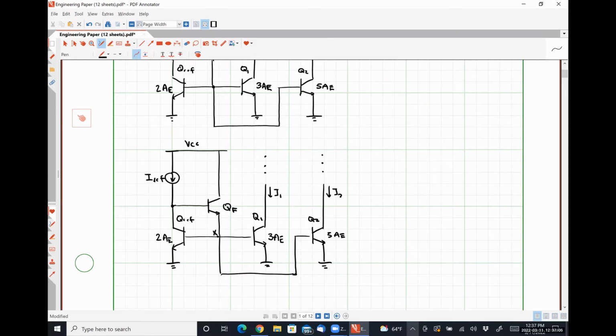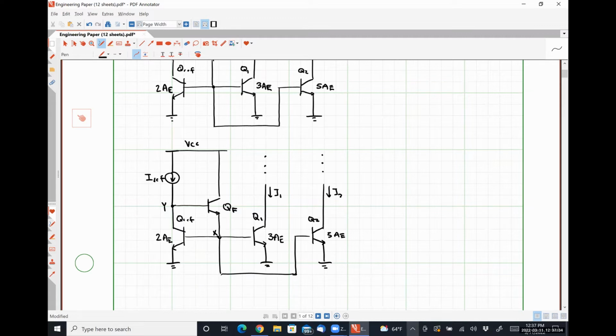So this is still going to be node X, but now I'm going to call this node over here on the left node Y. So in our previous configuration, effectively node X and node Y were at the same potential. Now the voltage at node Y is driving our transistor QF, which is responsible for supplying the majority of our base currents, okay?